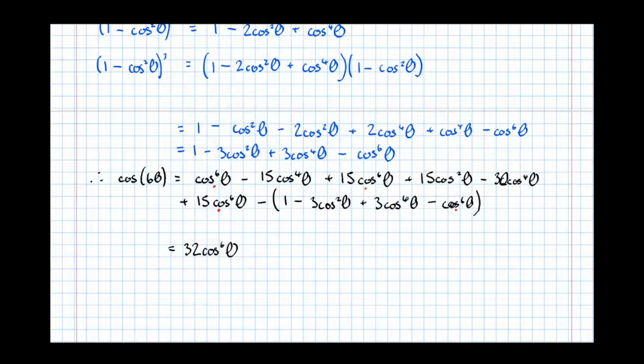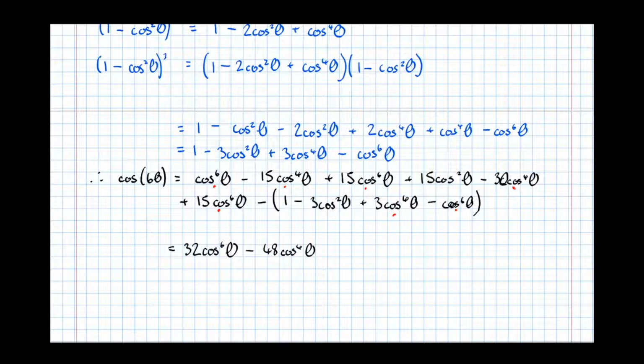Then cos to the power of 4 theta, we've got minus 15, minus 30, that's minus 45, minus another 3, so minus 48 cos to the power of 4 theta. Let's put a little mark under the cos to the 4 theta so we don't double count anything.